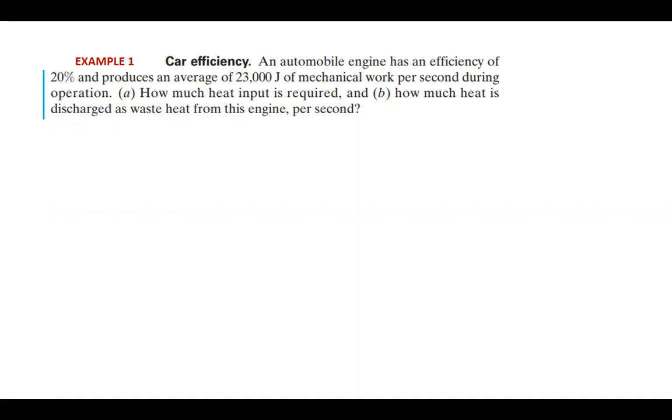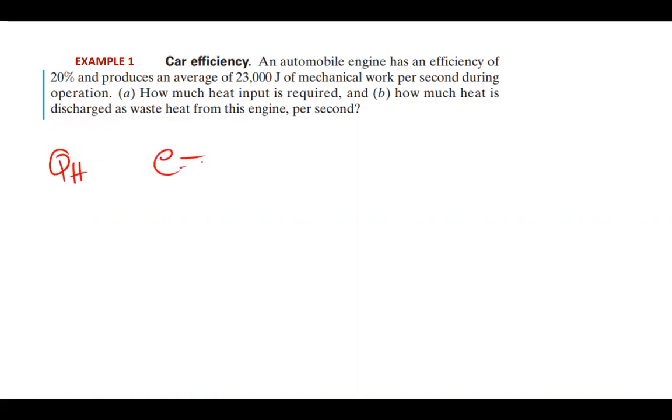A: how much heat input is required? B: how much heat is discharged as waste heat from this engine per second? Here, the first question is how much heat input is required. Input heat means we are looking for QH.